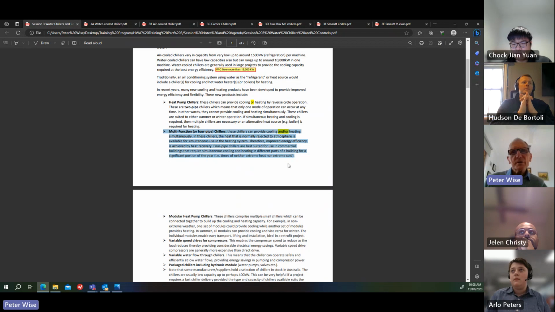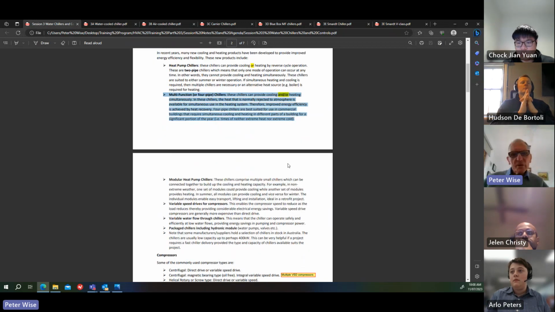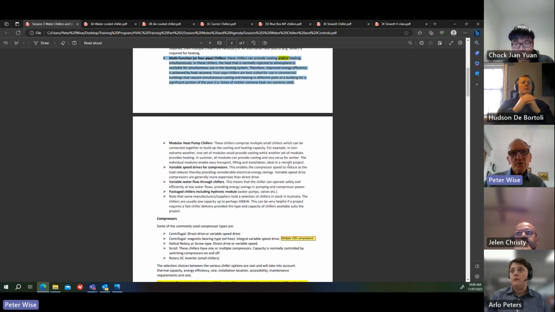I think if you do a Woolies job, they have their standard brief on what they require in their projects, and I'm pretty sure one of the requirements now is for multi-function chillers, so that they can have cooling and heating simultaneously. Coles and Woolworths have their own engineering teams, and they're very switched on to energy efficiency. So if you're doing one of those, make sure you comply with what they're asking for.